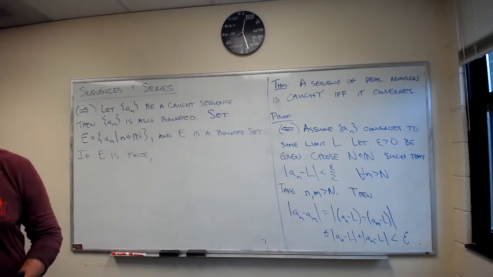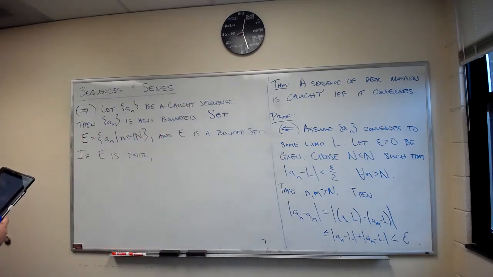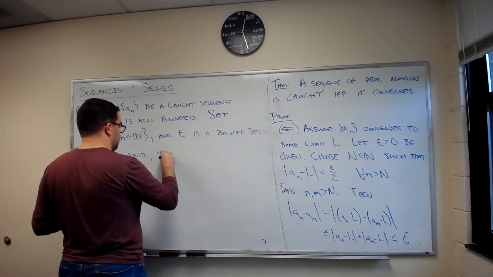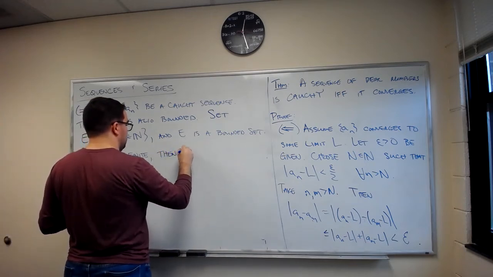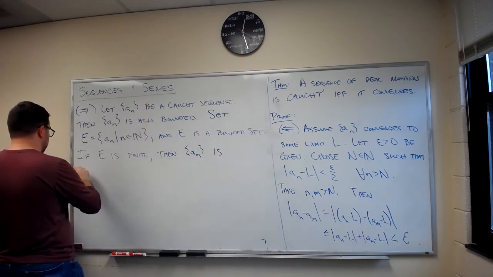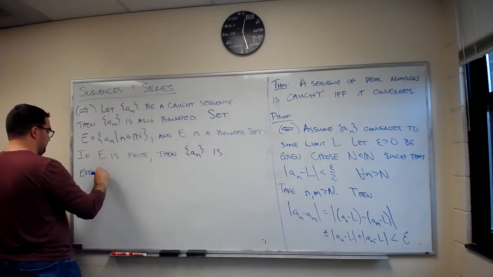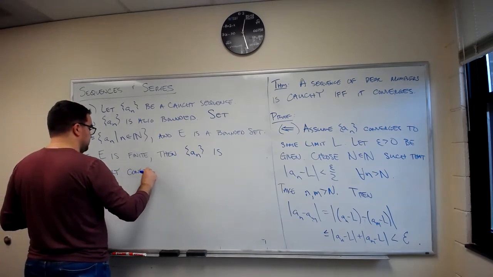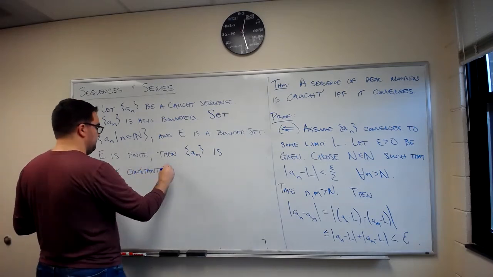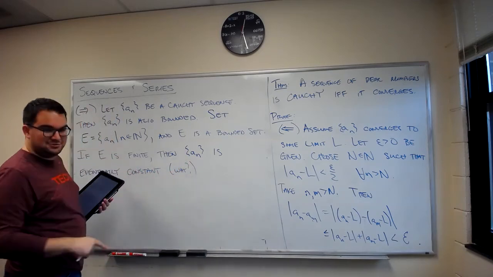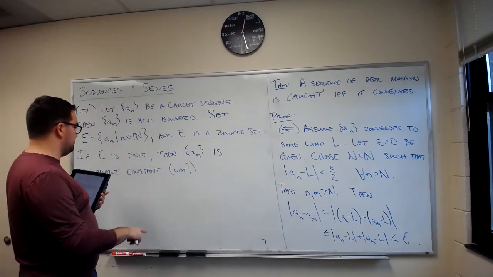So if E is a finite set, then AN is eventually constant. And this is the thing I briefly explained, but I'm going to ask you in the homework to prove this more precisely.